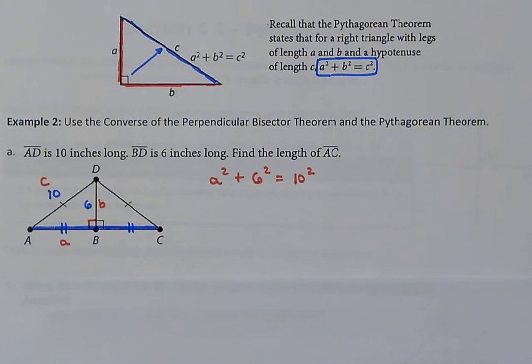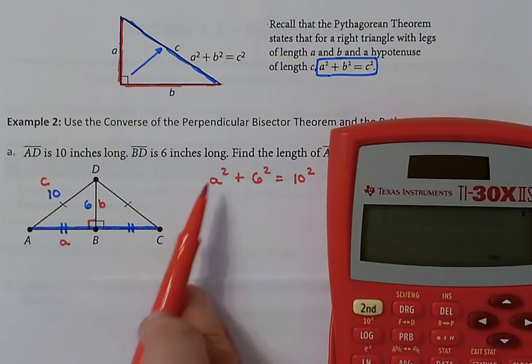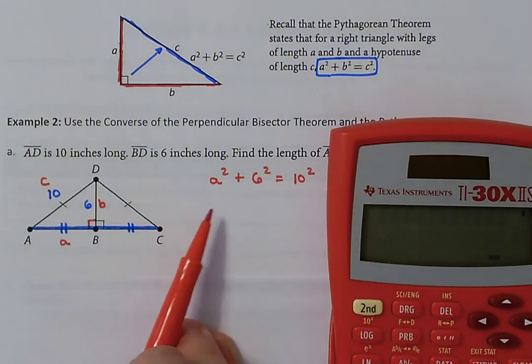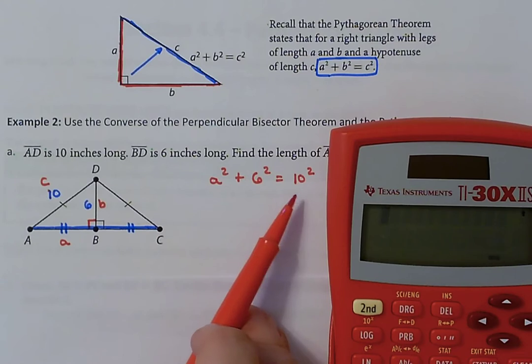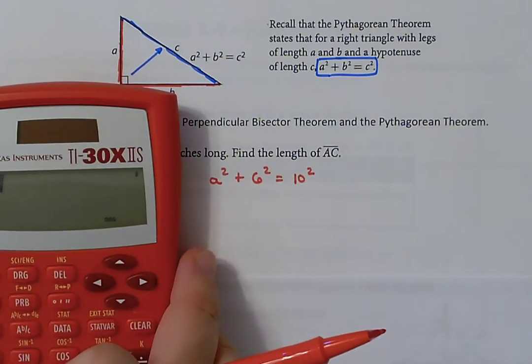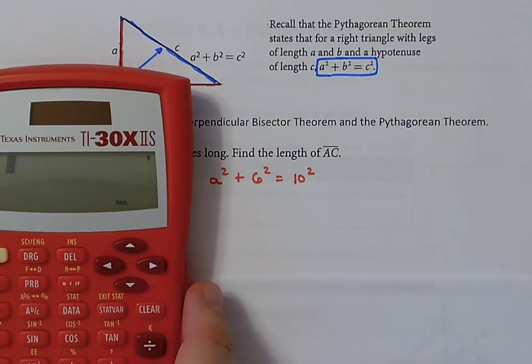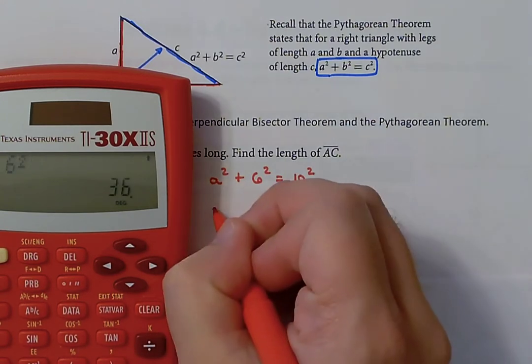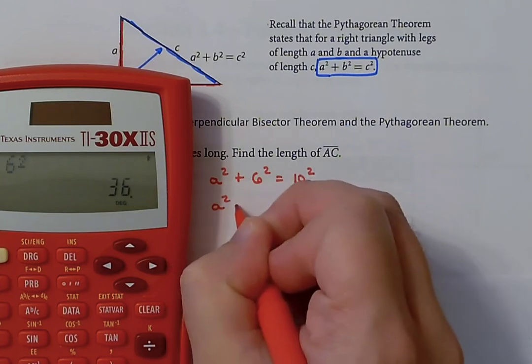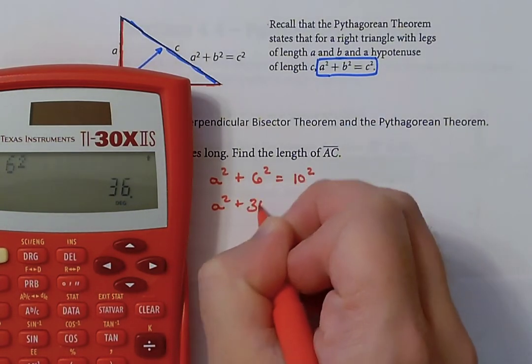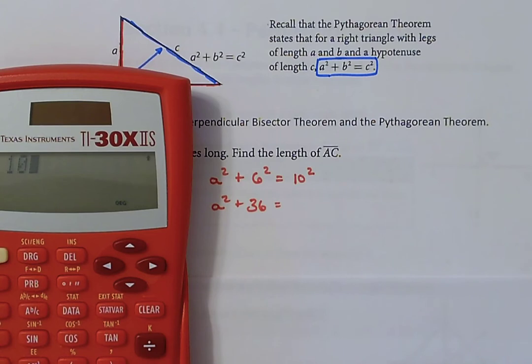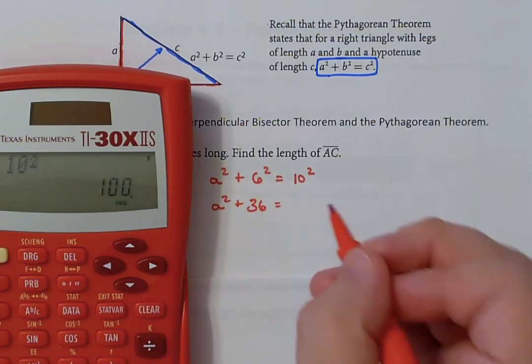Now, the thing you need to know is we're going to apply all the squares. I cannot do a to the power of 2 and get a number, but I can do 6 to the power of 2 and 10 to the power of 2. 6 to the power of 2 is 36, so this is a squared plus 36 equals 10 to the power of 2, which is 100.